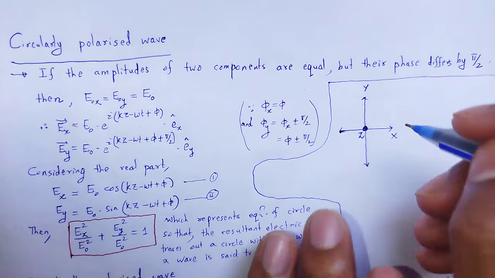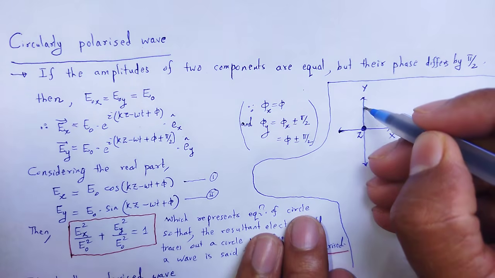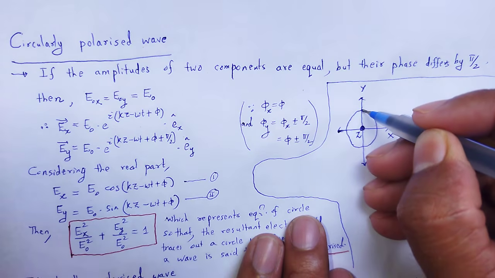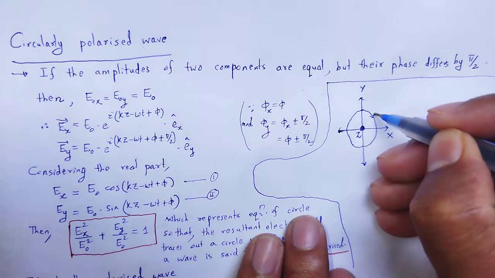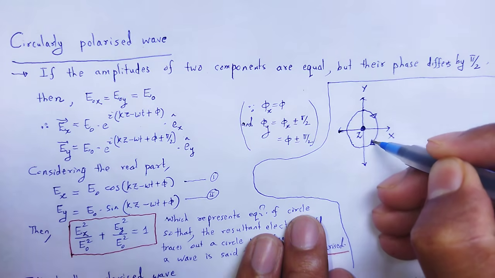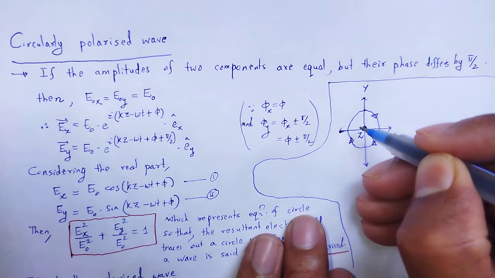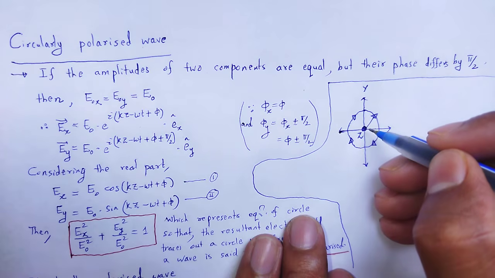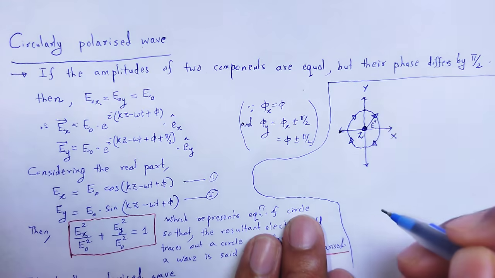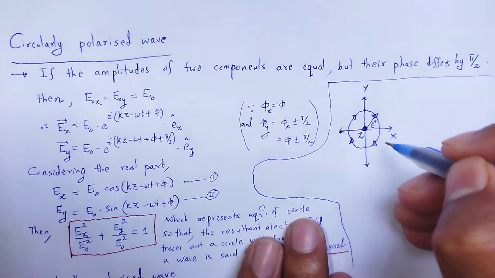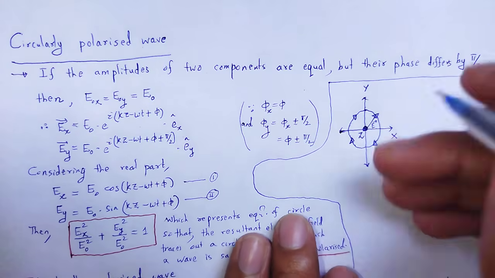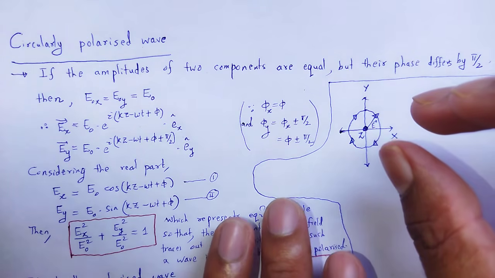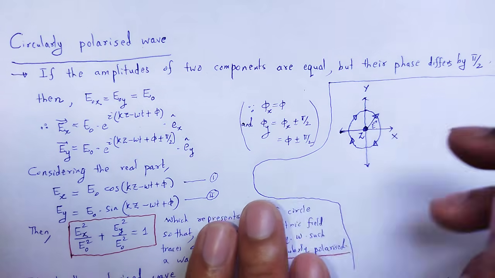So, at that time the electric field is varying just like a circle. At this time the electric field is varying in clockwise direction. That type of polarization we call left-handed circularly polarized wave.